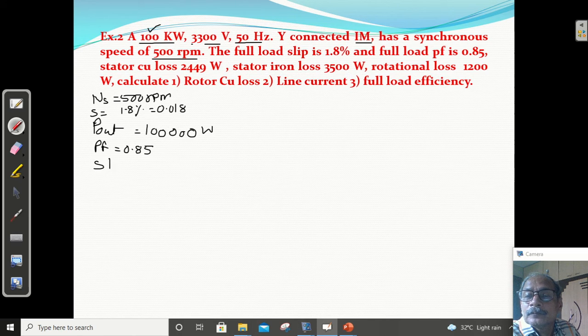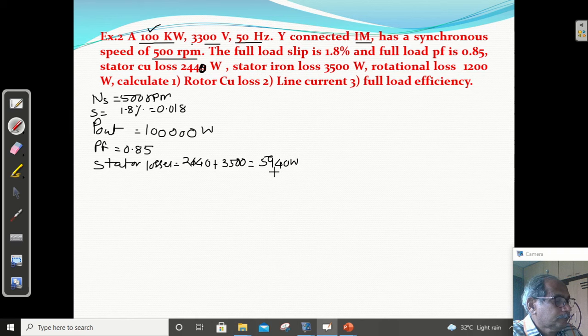Stator losses are given as 2440. Please correct me, it is not 2449, it is 2440, plus 35, so I will get 5940 watt.